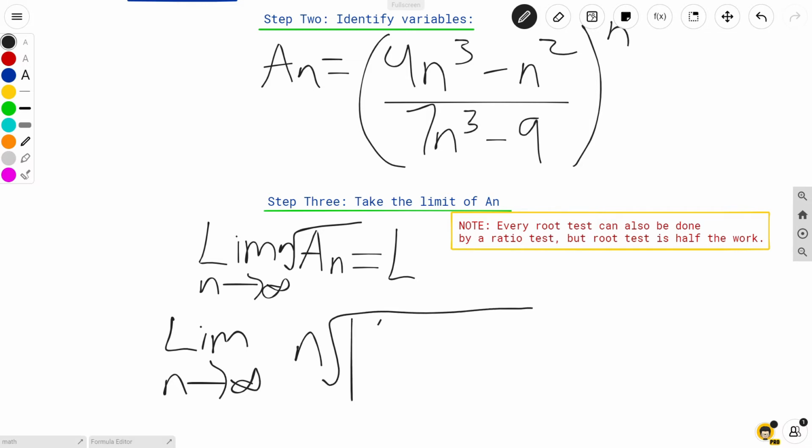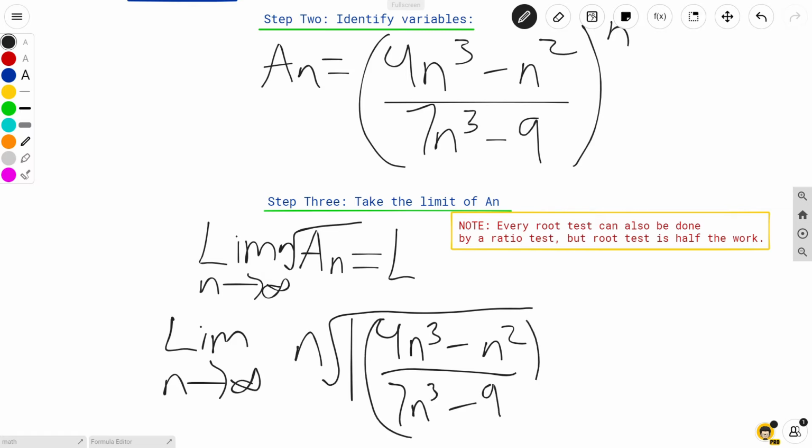Our a sub n is 4n cubed minus n squared divided by 7n cubed minus 9, all raised to the nth power, and all within absolute value. All this is equal to L.